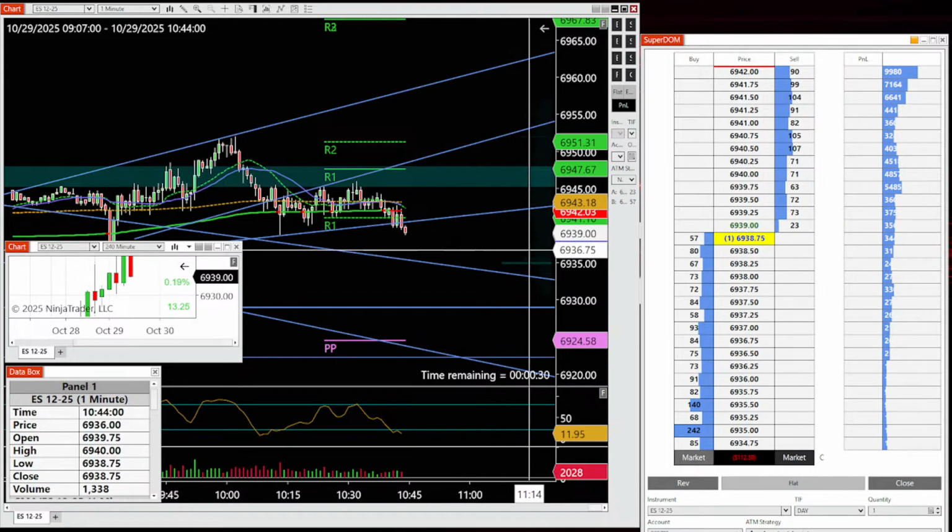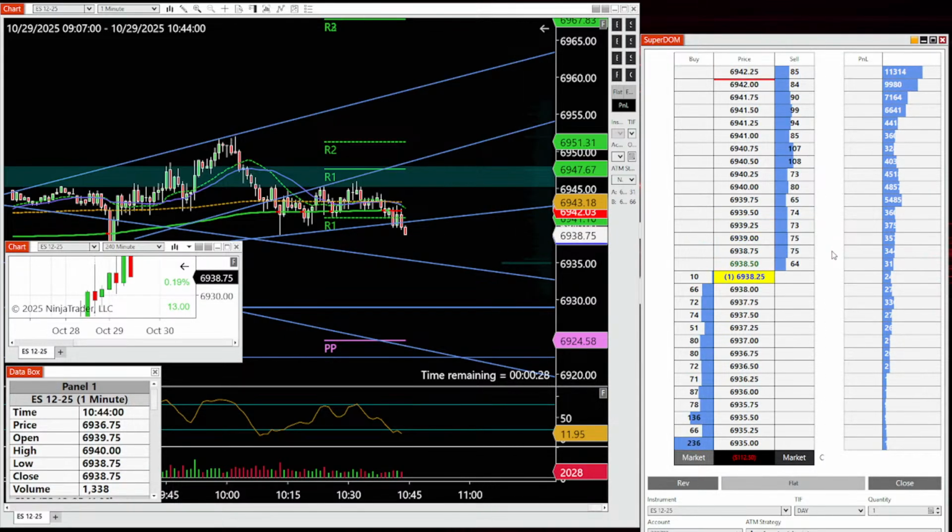We got another 15-minute bar that opens up. So this may break down and miss the trade, because the next 15-minute bar may run back up.